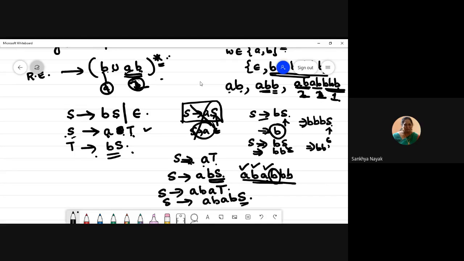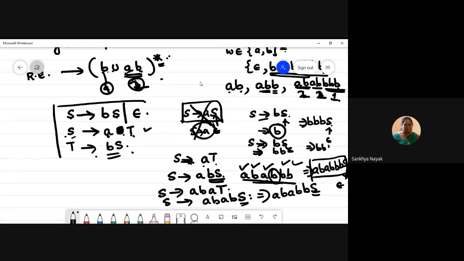And after that, for generating these two B's, I can use the first one. Correct? So S derives BS. Right? Again, this S can be expanded as BS. And ultimately, this S will be epsilon, generating whatever I want. So this is the regular grammar.